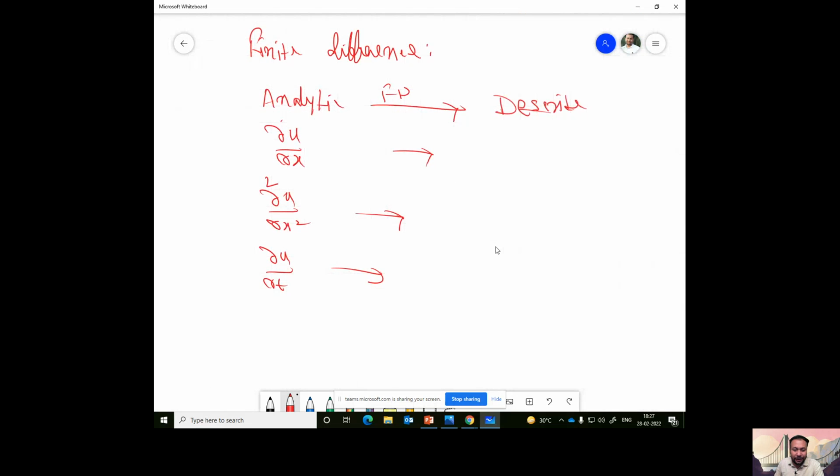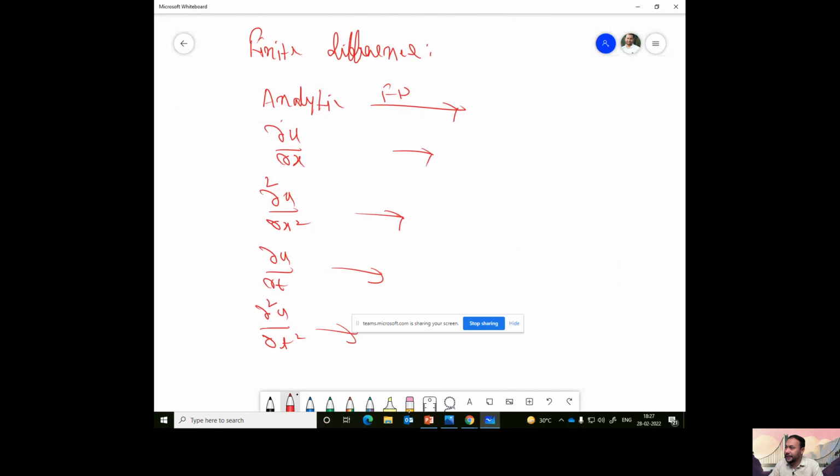If there is a second order partial differential equation, I want to write it in discrete form with the help of finite difference. Now, how is it possible to write in the discrete form? I want to put here discretization: analytic to discretization form.